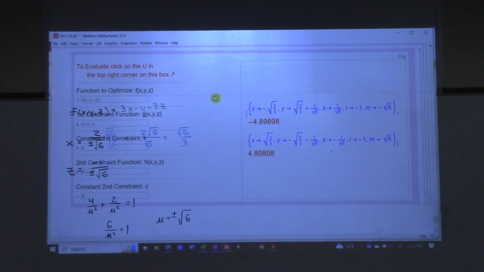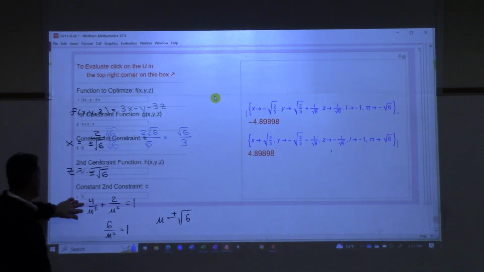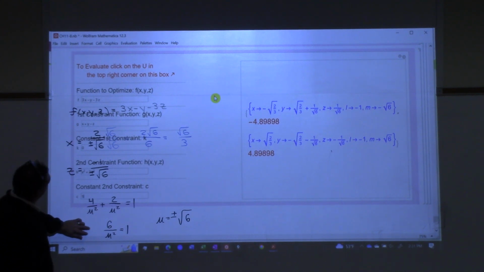I trust the computer. Did anyone see anything arithmetically that looked off? I squared, I had the 2 there. 6, root 6. It says the mu and the lambda are the same.